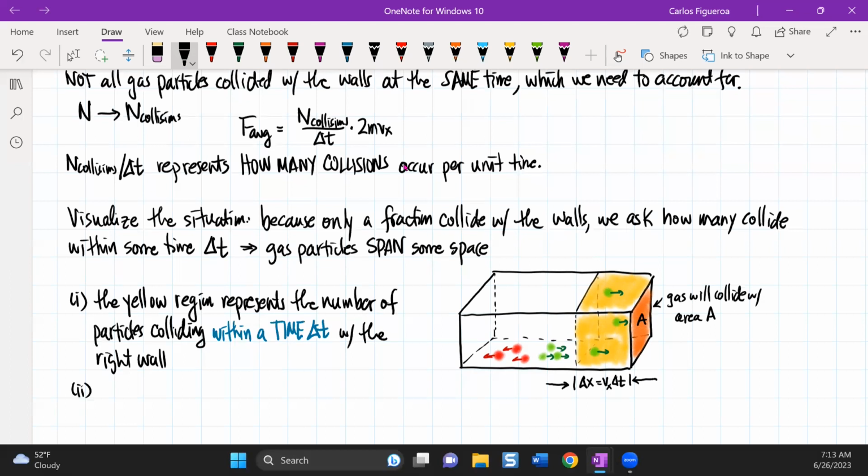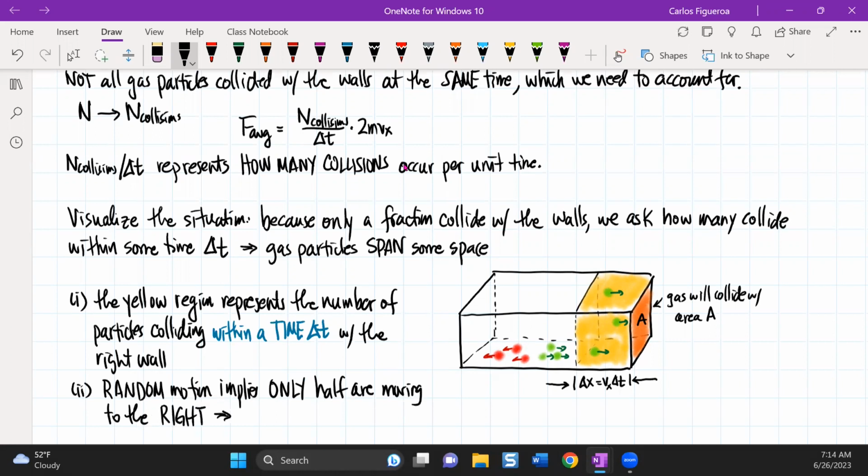Now, random motion implies only half are moving to the right. That implies I have to add a 1/2 factor here.